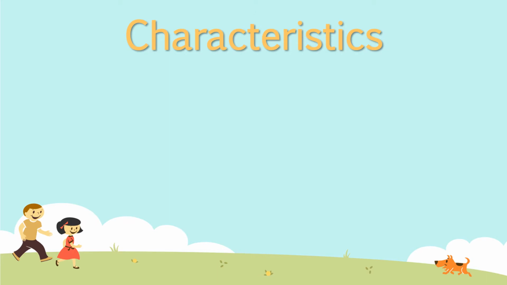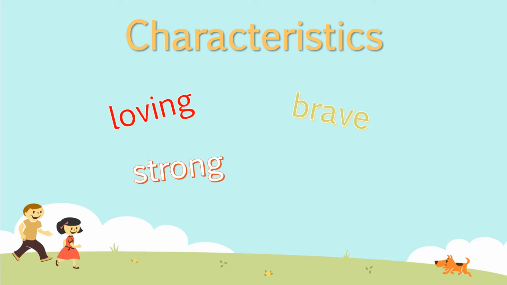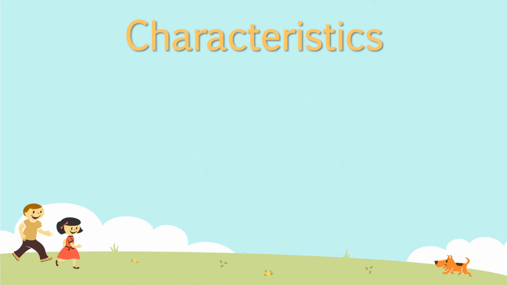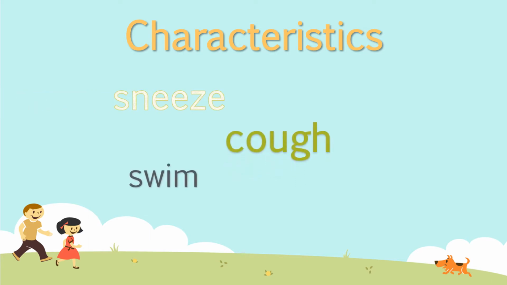Traits that can be used to describe people but can also bring your objects to life are words such as loving, brave, strong, shy. How about actions like sneeze, cough, swim, and even wiggle? These examples and more can be used to creatively describe non-living things.